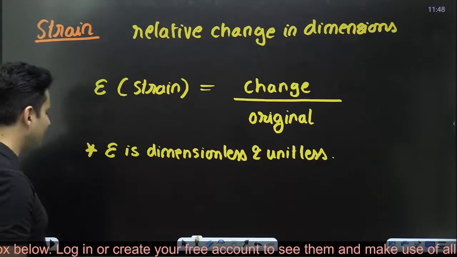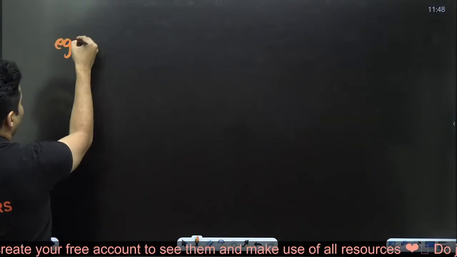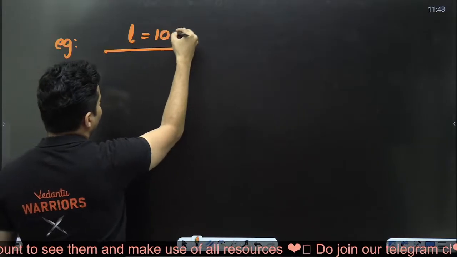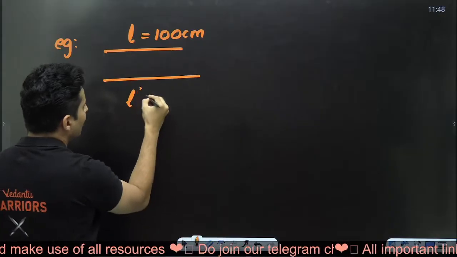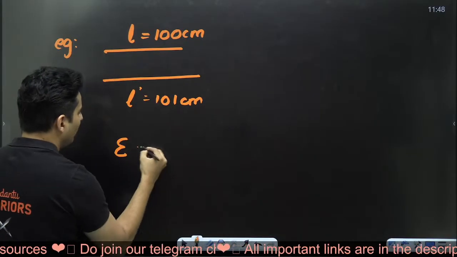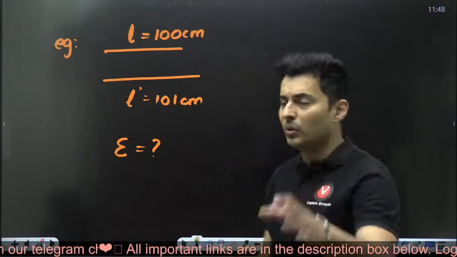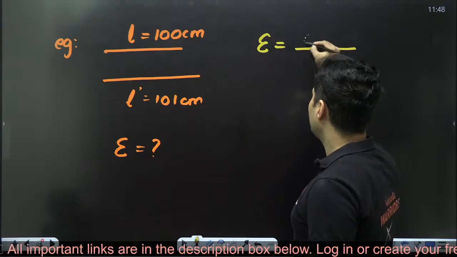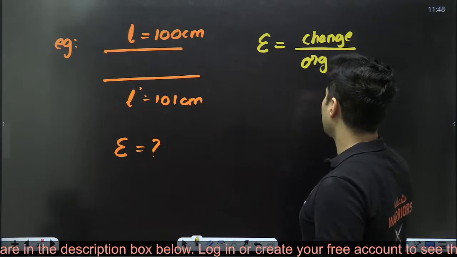Just to give you an example of how to understand strain, imagine there was a rod whose length is 100 centimeter. Now the new length became 101 centimeter. If I ask you to find the strain in it, strain is nothing but the change upon the original one.